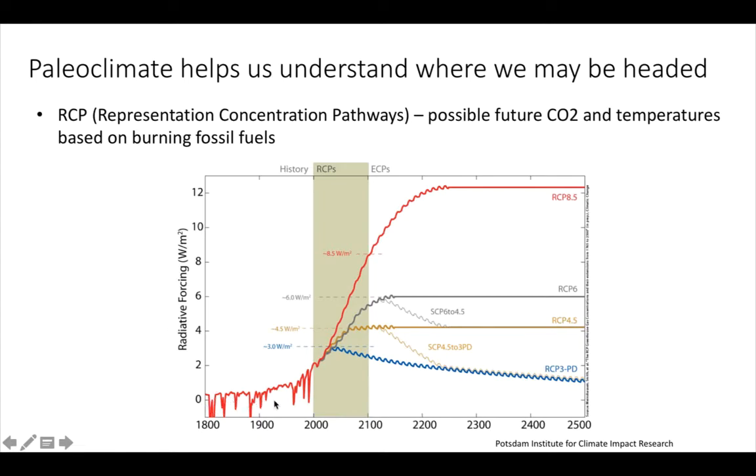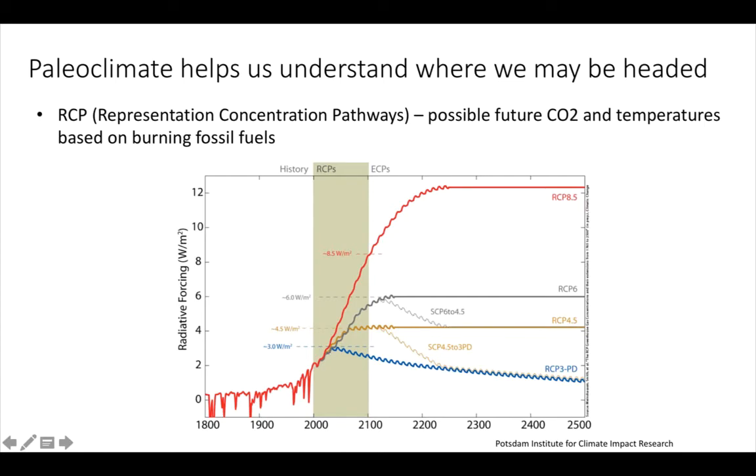So keep in mind this red line, this is kind of our business as usual, as we call it. So if we continue to burn fossil fuels as we have and do not make any changes, this is called RCP 8.5, and it is a high estimate of how much warming will happen. Other RCPs are these lower parts that if we make changes to our fossil fuel burning, that's where we may take.